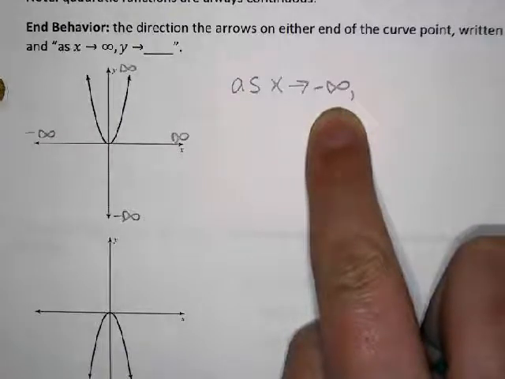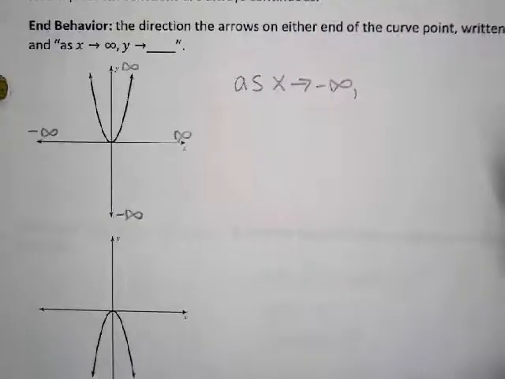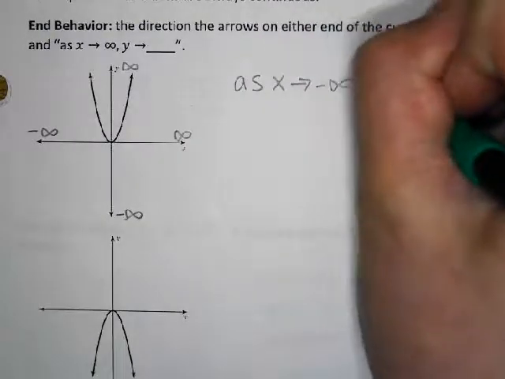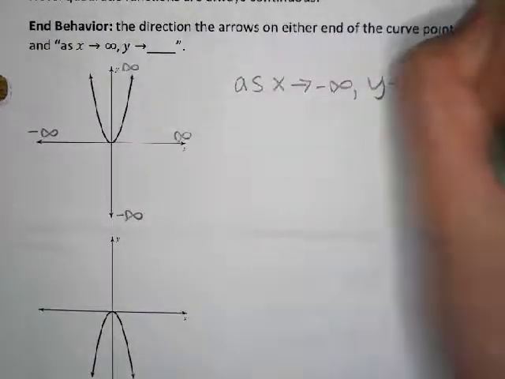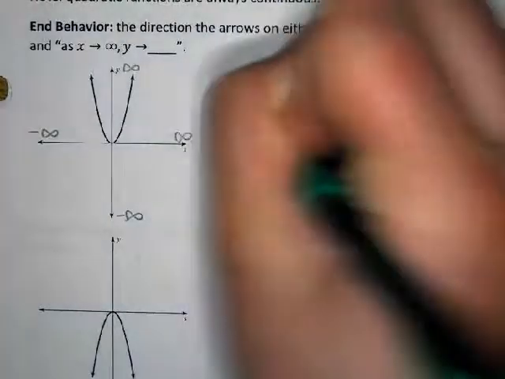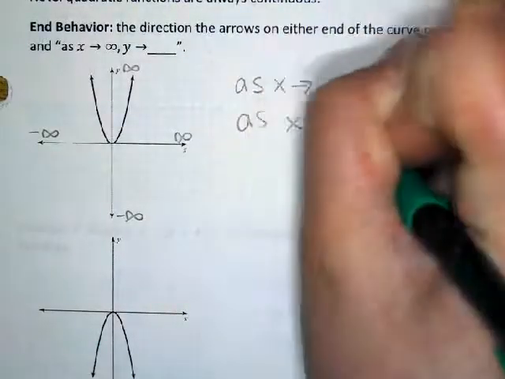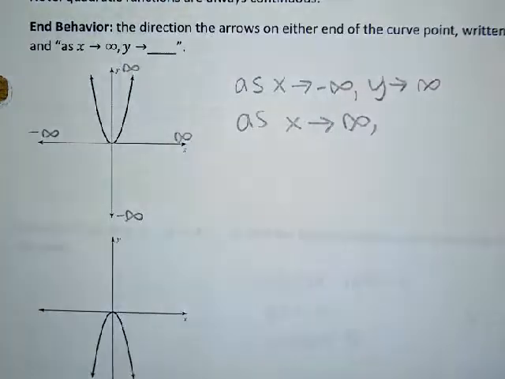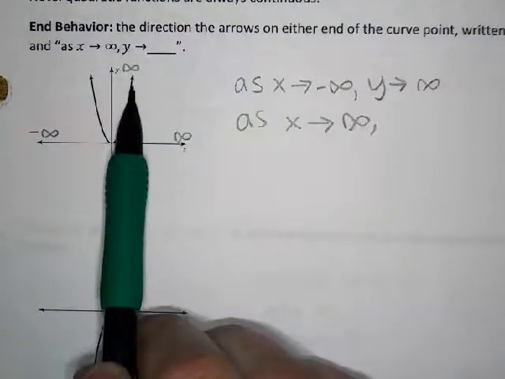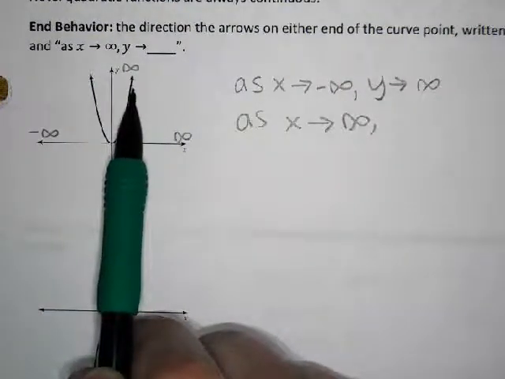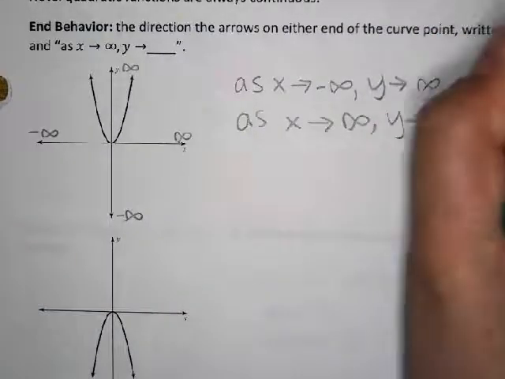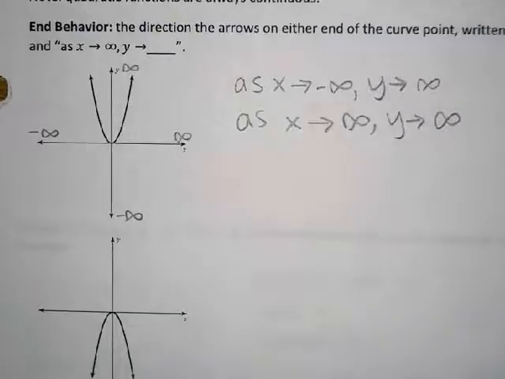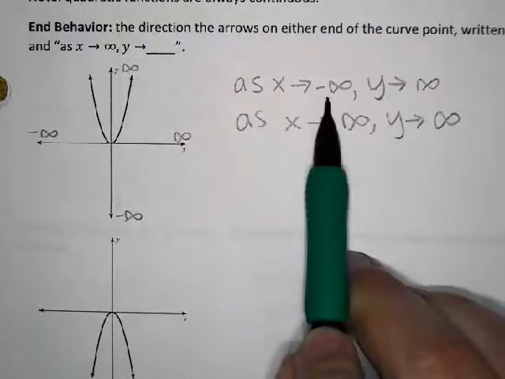So now we're going to say the y is, and if it's going up, what infinity should I put? Positive. Yep. Okay. Now we already looked at the left arrow, so let's look at the right arrow now. If we look at the right arrow, what is the right arrow doing? It's going up. So that's also a positive infinity. So we're saying the left arrow goes up, the right arrow goes up.